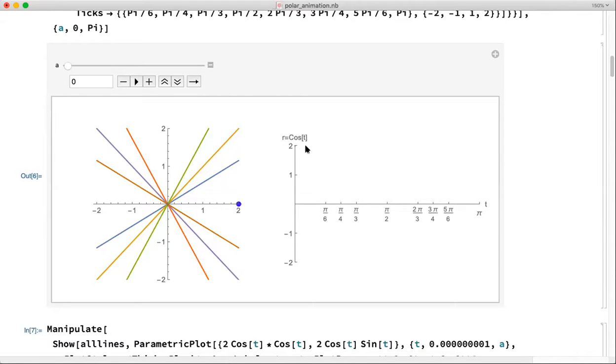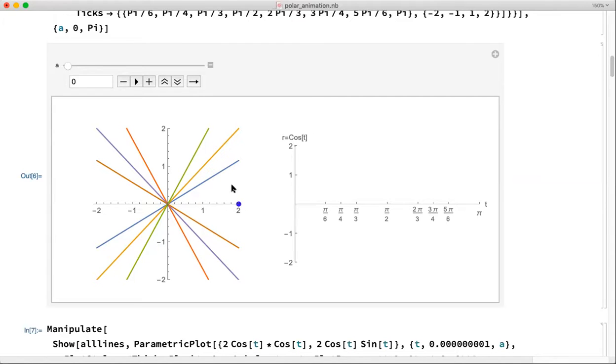And I'm going to be drawing on the right the usual picture of the cosine function. So you're going to be thinking about a wave over there. But in the picture on the left, that cosine of theta is not the vertical coordinate, it's the radius, all right? So the blue dot's distance from the origin is always given by cosine of theta.